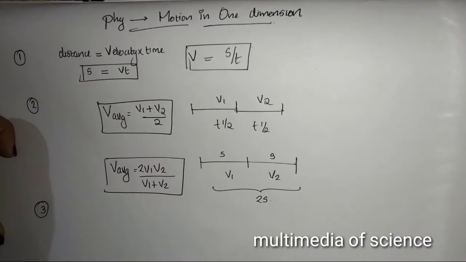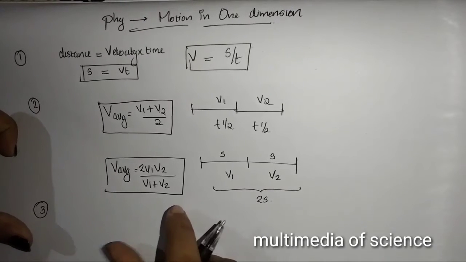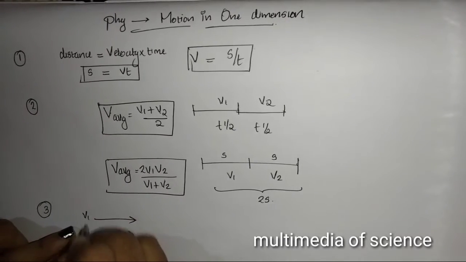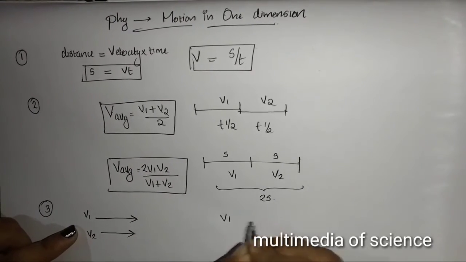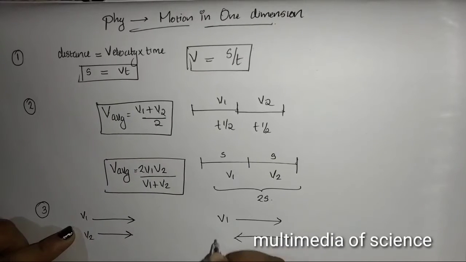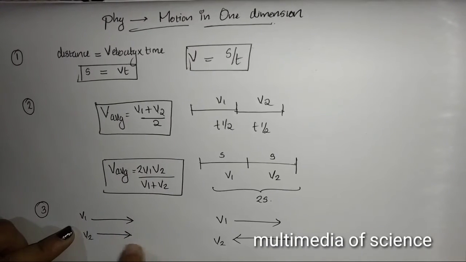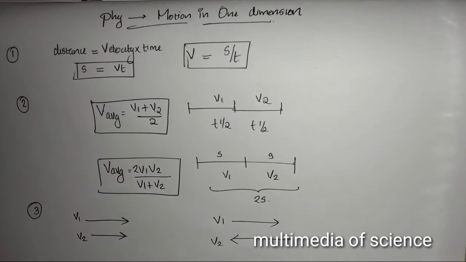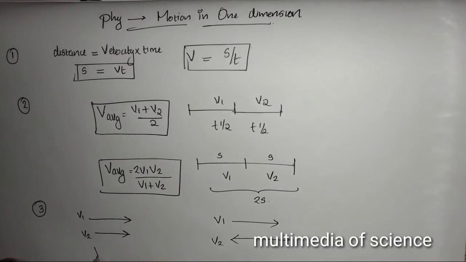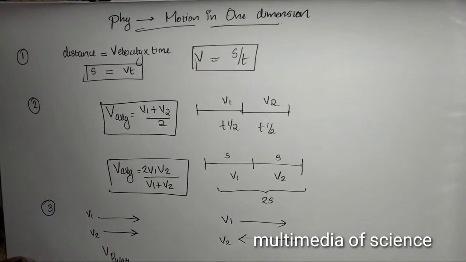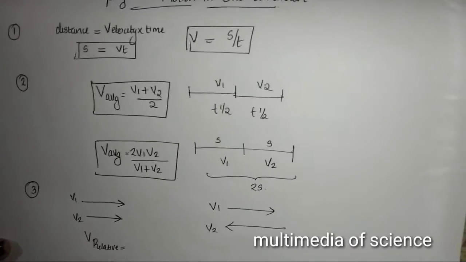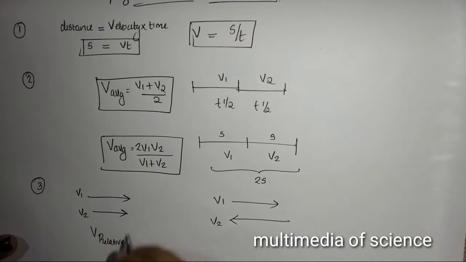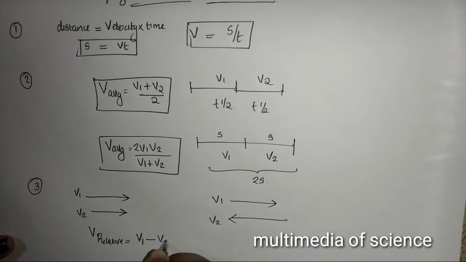Then our third point is about two bodies with velocities V1 and V2 moving in the same direction, and moving in the opposite direction. Here I am representing the same direction and here the opposite direction, and the equation for the relative speed. If they are moving in the same direction, then V relative is V1 minus V2.